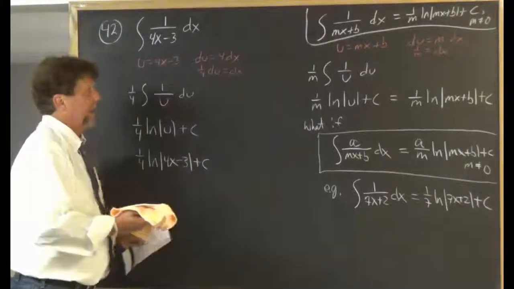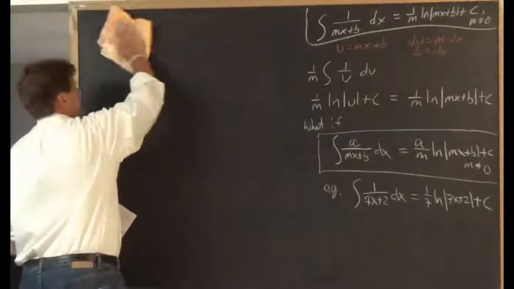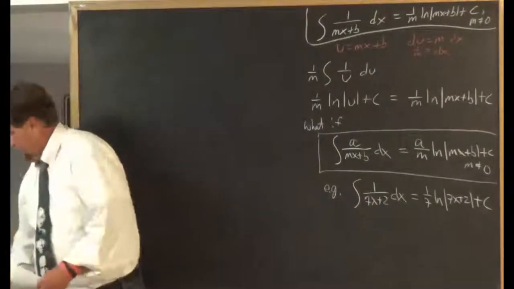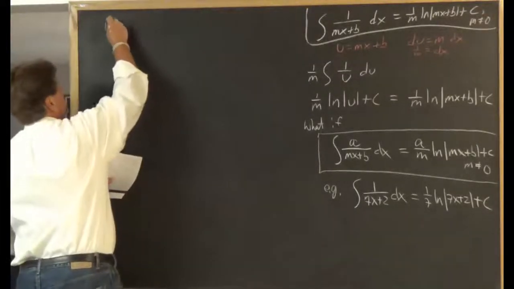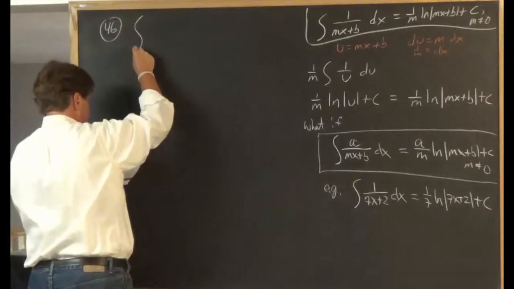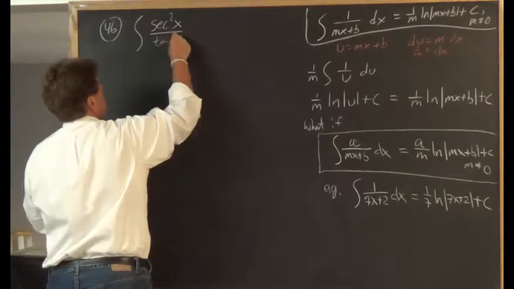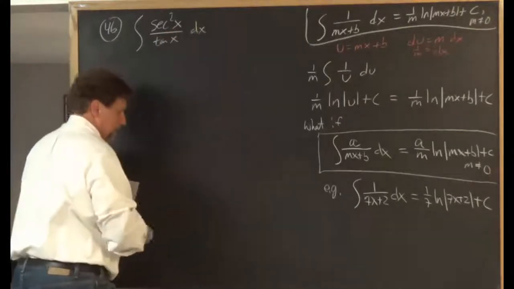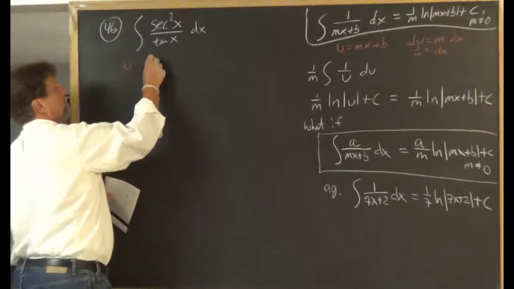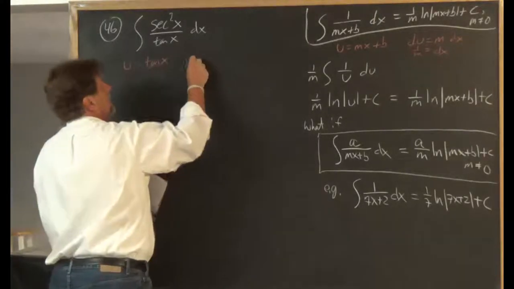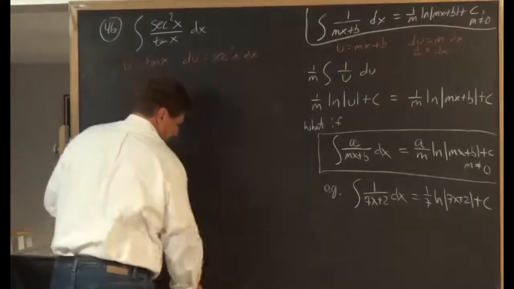You had one more that I asked you to do, number 46. So let me get number 46 up here on the board. So let's see, it was, ooh, that's a good one. Integrate secant squared x over tangent x dx. And I noticed that if I let u equal the denominator, du is secant squared x dx.